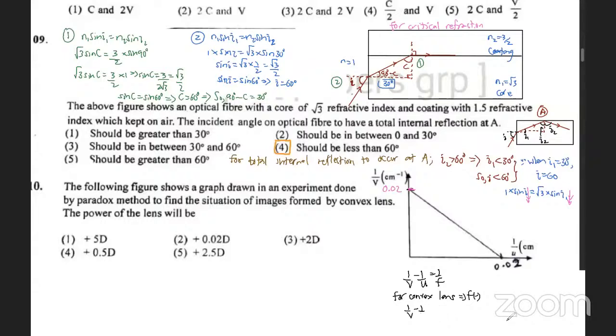Or else have they gone with only the real images? Have they mentioned anything like that? No, of images. Parallax method. In parallax method, fine. V is also minus, no, people, for convex lens. You keep the object here and you get the image here. So we know V is minus, U is plus.